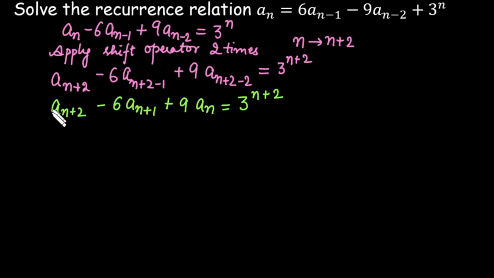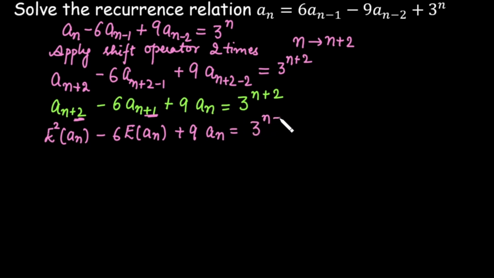Now write this back into the shift operator form. So we can write this as E² an − 6. Here we have used the shift operator once, so we can write E of an. This is simply an, there is nothing in a plus, so we can write simply 9 into an, not in form of the shift operator. Take an common.